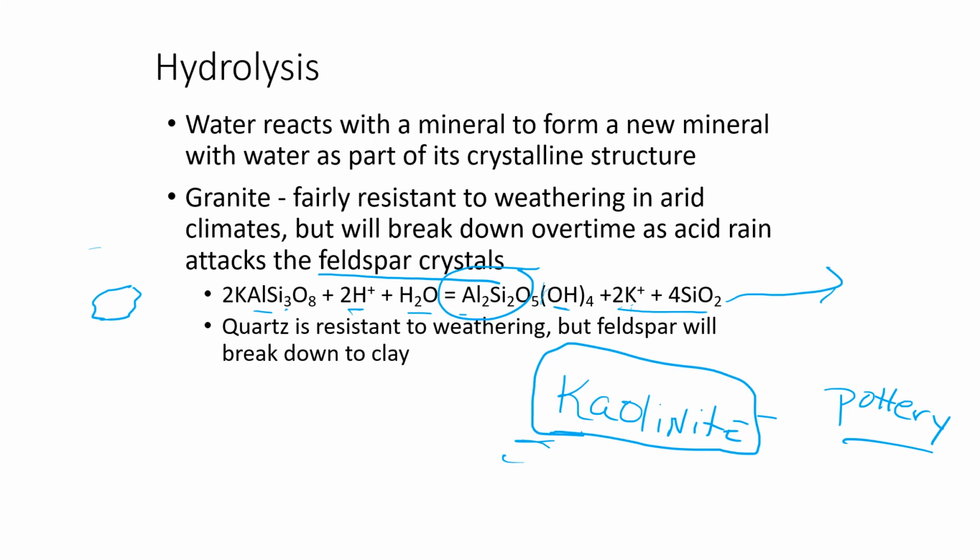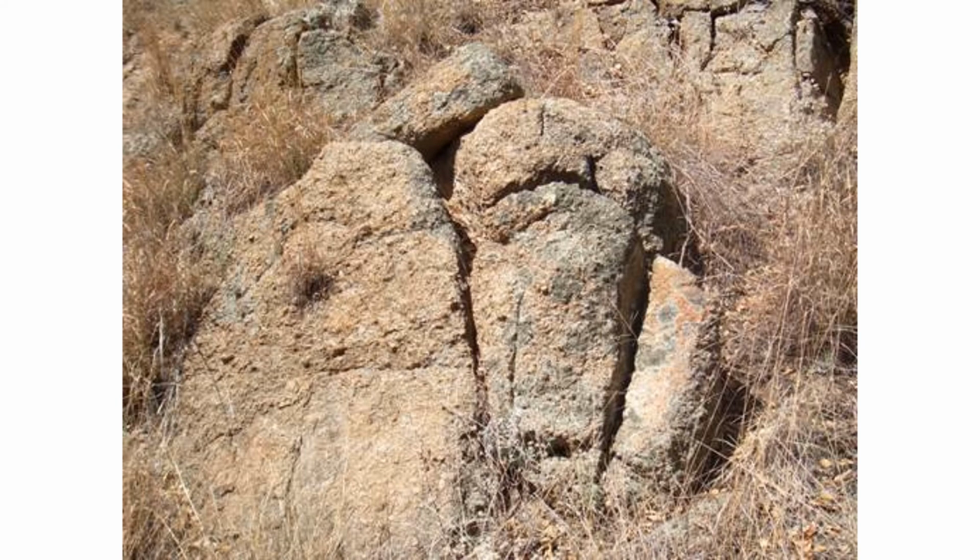So we have this fairly resistant granite that over time will break apart because of the internal structure, when you think about all these crystals in here, the quartz crystals, the feldspar, the plagioclase, the orthoclase, hornblende, biotite, and let's say these are the feldspars. Well, what happens when we take away part of that structure?